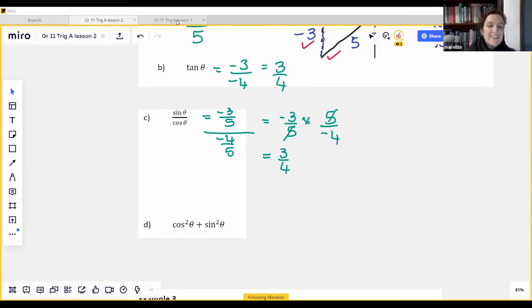Work it out properly. And by properly, I mean, what is cos squared theta? Cos squared theta is -4/5 squared. And sine squared theta is -3/5 squared. Let's see if that really is 1.